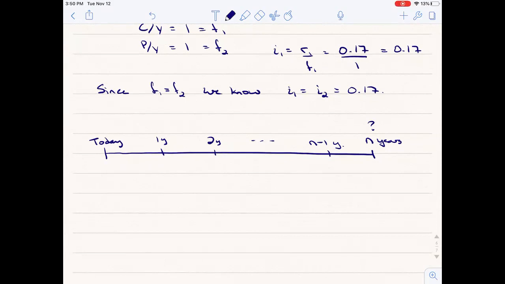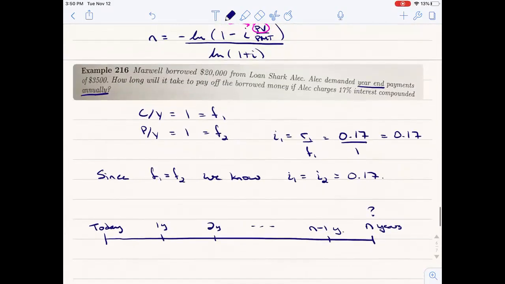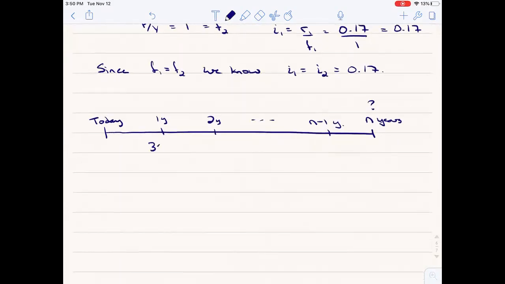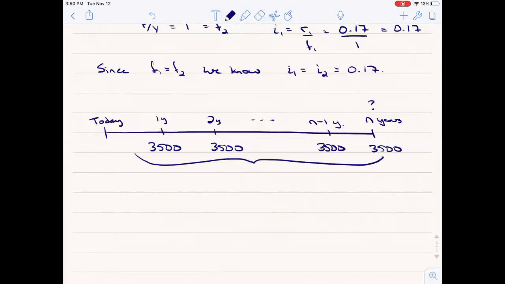We know how much we're paying each year, at the end of each year, of $3,500. So underneath each of these, at the end of each payment period, I pay $3,500. And this is all to pay off some present value today.